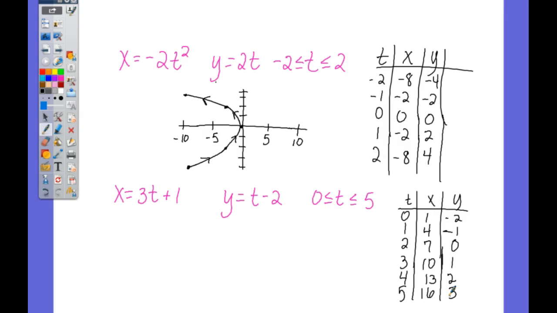Okay. When you graph, what are you getting? A parabola. I haven't graphed it. It's a straight line, kind of a curve, right? But it's a line.